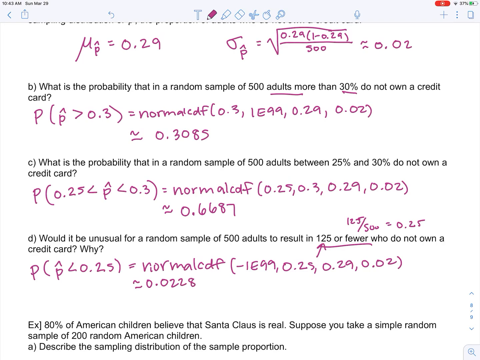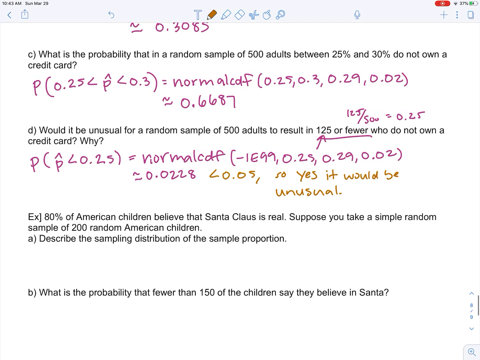We were asked if it would be unusual. We found the probability. 0.0228 is less than 0.05. So, yes, it would be unusual.